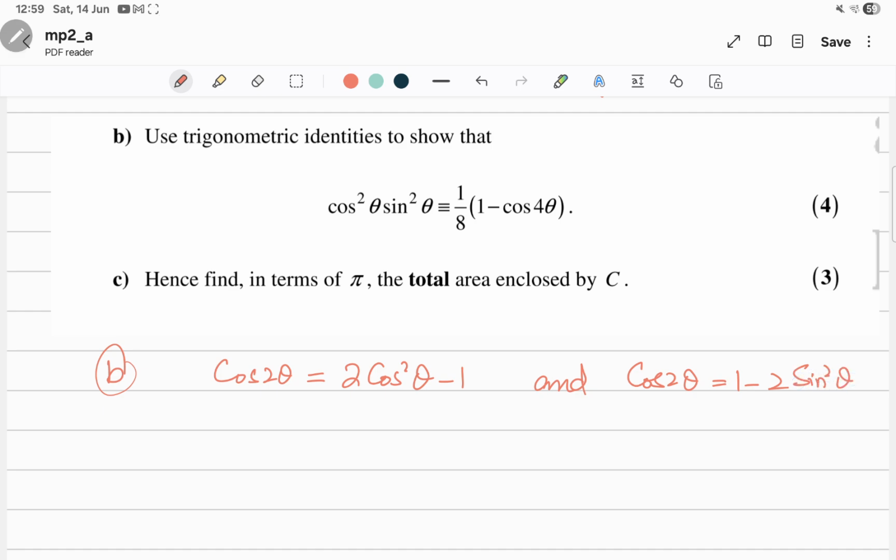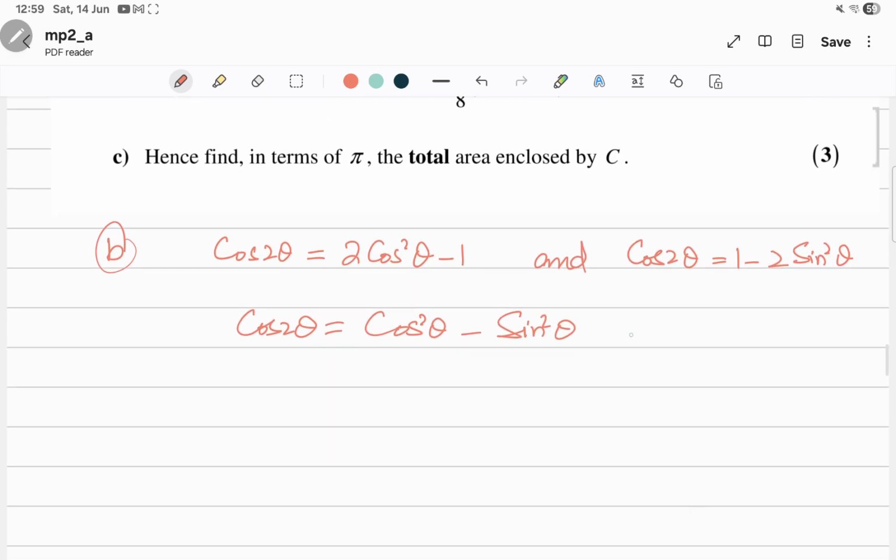These are the two different results, which is actually the cos double angle. Since you know cos 2 theta is cos square theta minus sine square theta, and you should also know that sine square theta plus cos square theta equals 1.